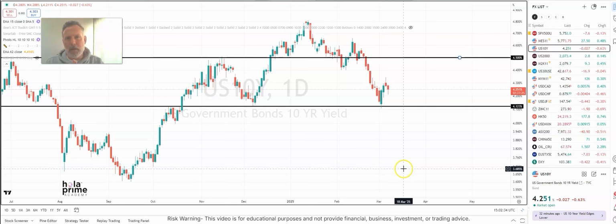So just to reiterate what we've been talking about, we've been talking about the potential for some risk on attitude going into next week. That should highlight a weakening in the Japanese yen, which could lead to higher levels in dollar yen and sterling yen.